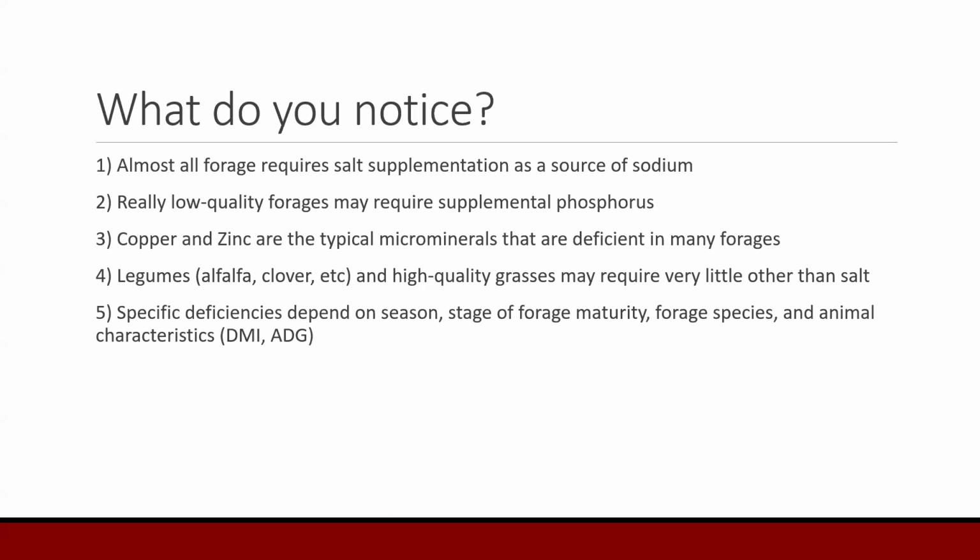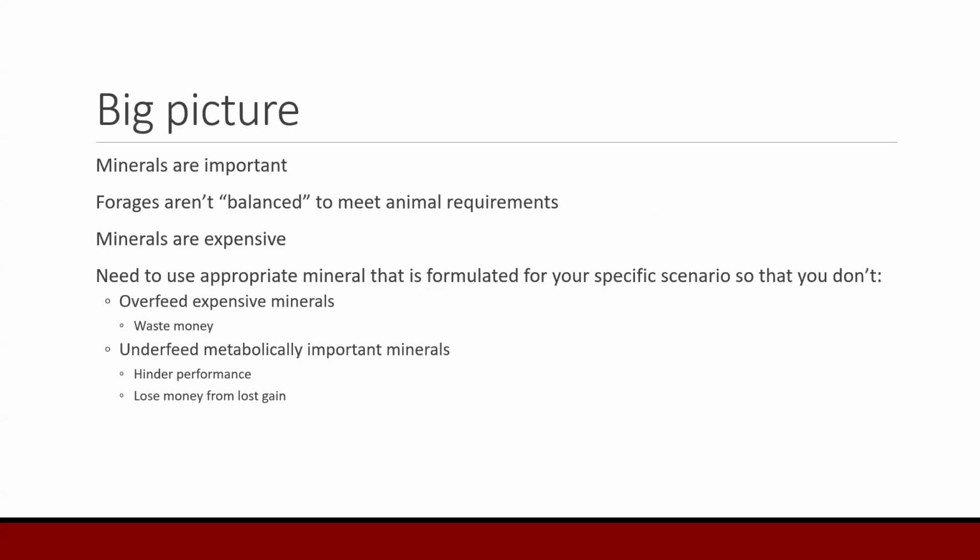So the specific deficiency is going to be driven by animal type, level of production, the forage system, season, forage maturity, and species. Okay. Hopefully we've demonstrated that minerals are important. They're very important for all metabolic functions.